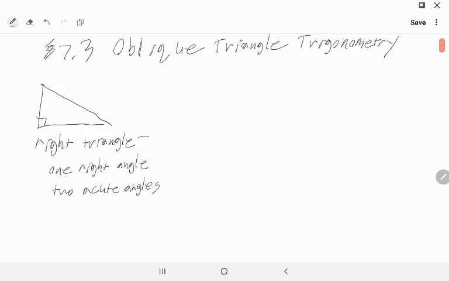We can have an acute triangle. An acute triangle has three acute angles.